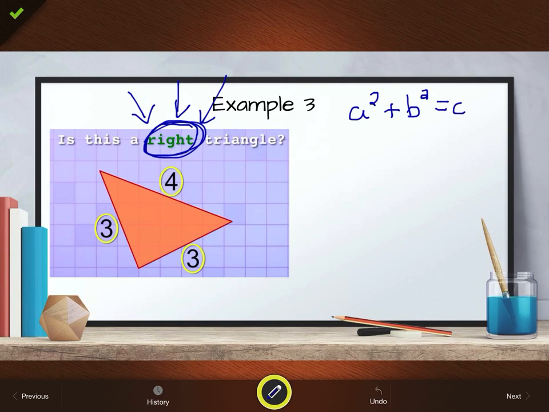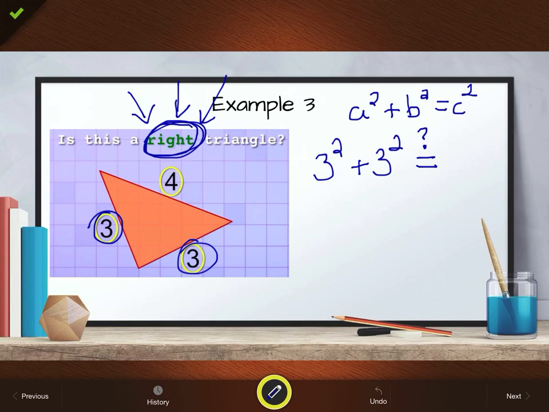So what does that look like? I'm going to take my 2 shorter sides and use them as my legs. So my 2 shorter sides are 3 and 3. So I'm going to say leg squared plus leg squared. What I'm going to be checking to see is when I square and add both my legs, does that give me the same value as my hypotenuse squared?